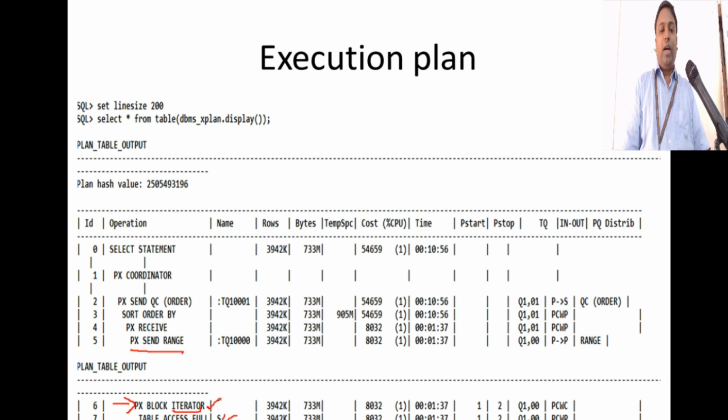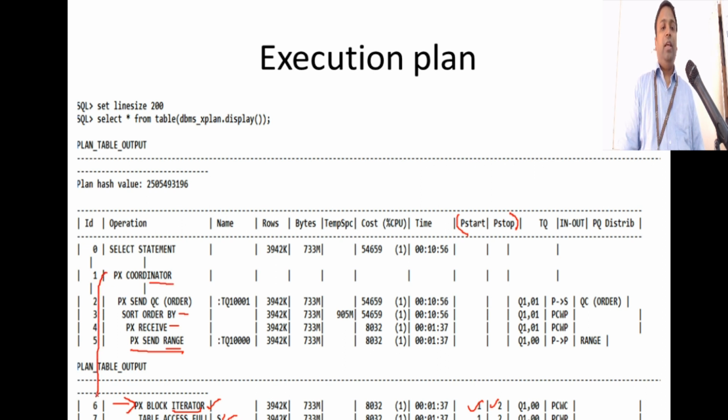You can see the difference here: partition start and partition stop. The block iterator runs for both partitions 1 and 2. So it runs across all the partitions, range distributes to the consumers, the consumers sort it, and then they give it to the coordinator.